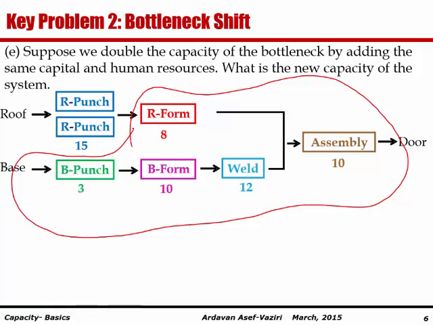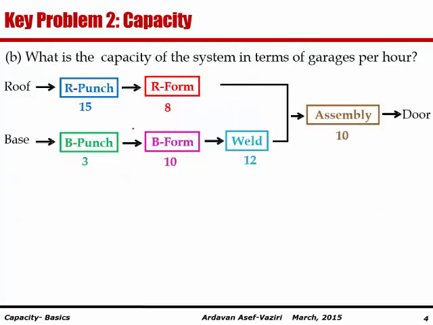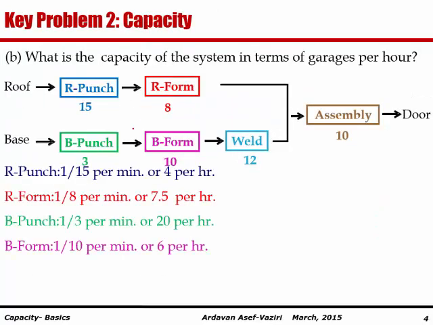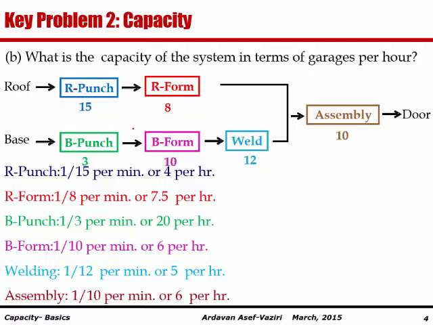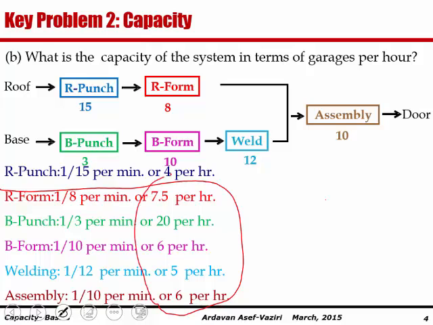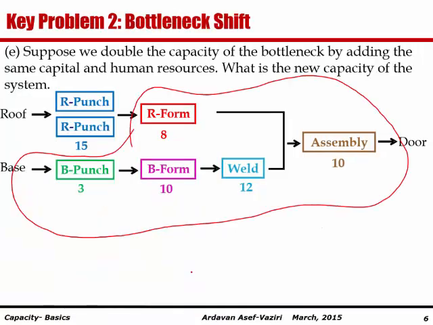All capacities in those resources will remain the same, as we had them. So all these numbers, 7.5, 20, 6, 5, and 6 will remain the same.